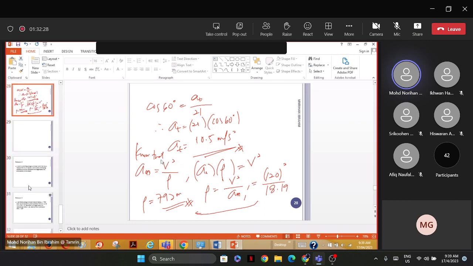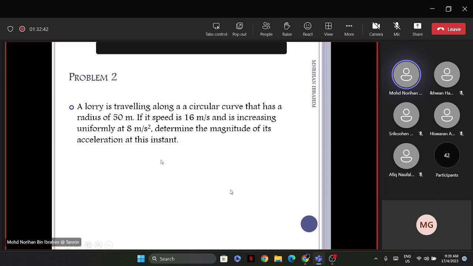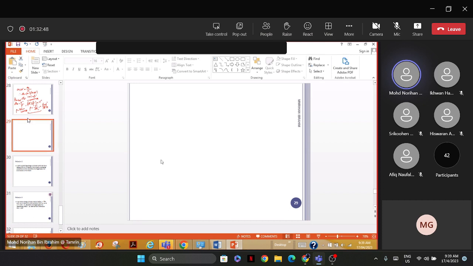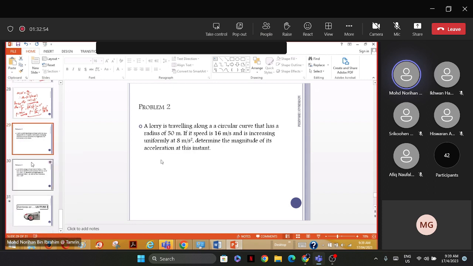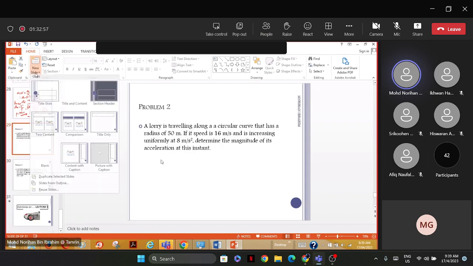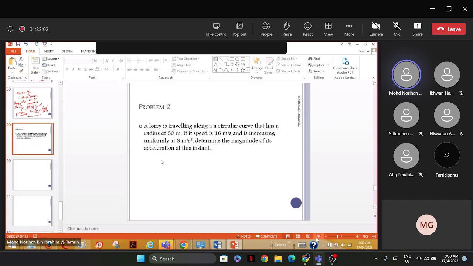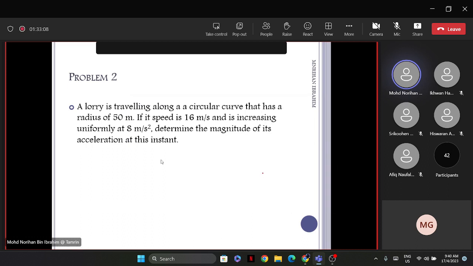Okay, let's have a look at problem 2. A lorry is traveling along a circular curve that has a radius of 50 meter. So the question is, a lorry is traveling along a circular curve.